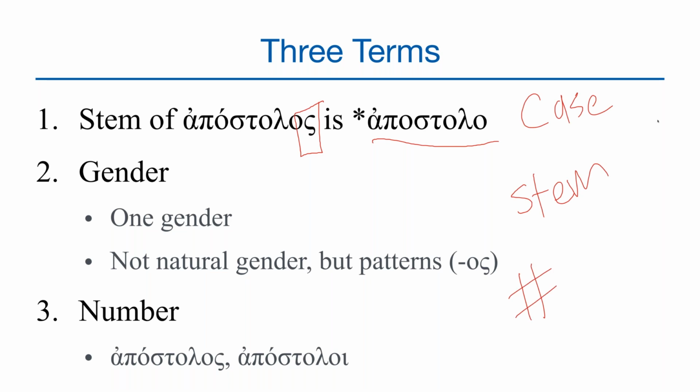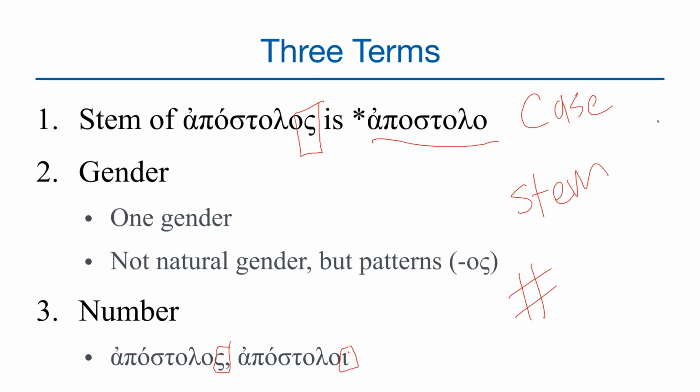So you see two words here, apostolos and apostoloi. Okay, apostolos, the sigma ending we said was the ending for what case? Anyone? Nominative.